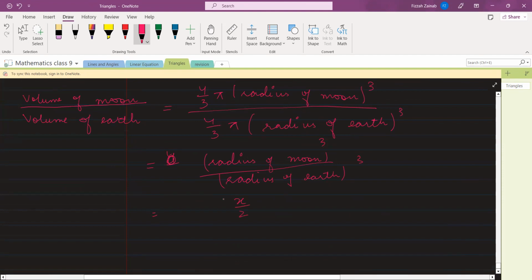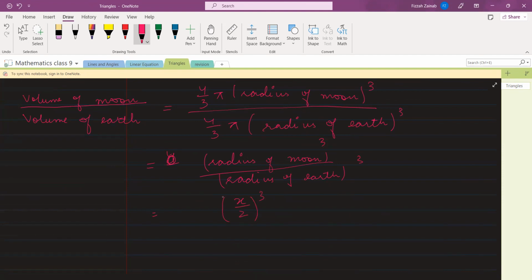So x by 2 whole cube. Okay, before writing this, both are whole cube. So we can also write it like this, that radius of moon divided by radius of earth, and we can put cube like this. Any problem? This will make your calculation a bit simple, right?